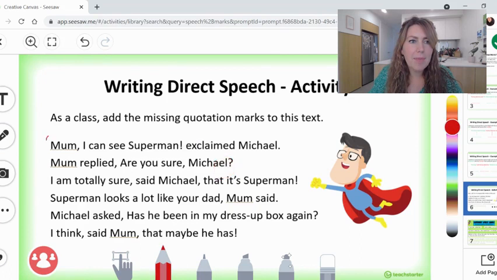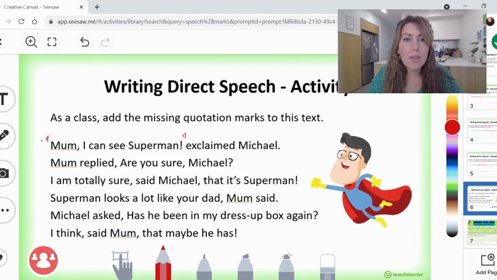So, "Mum, I can see Superman," and that's what he's saying, exclaimed Michael. I'm showing here that that's what the character is saying, and that's the narrator telling us who is saying it. And you'll need to do that for each of these sentences.